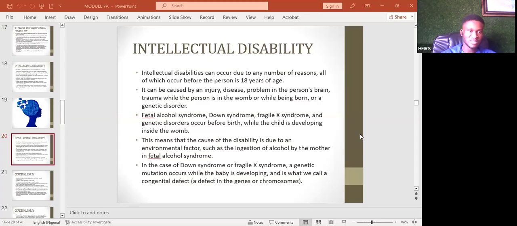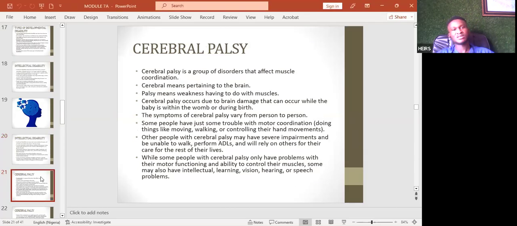Now, the next type of developmental disability we'll be discussing is cerebral palsy. Cerebral palsy is a group of disorders that affect muscle coordination. Now, there is a normal physiology of muscle contraction, and that's muscular coordination. I said something when we started about motor function impairment.